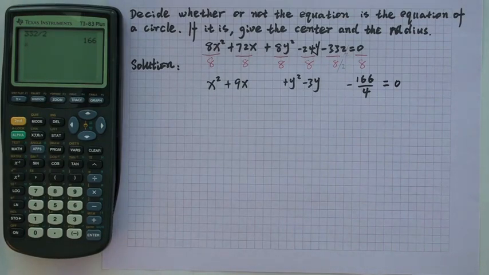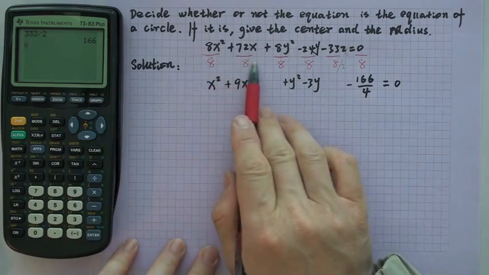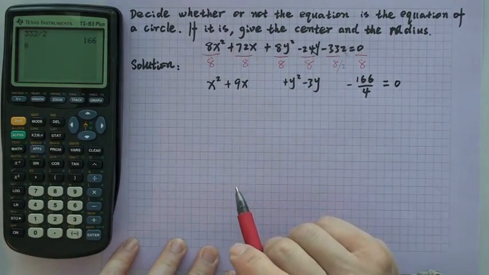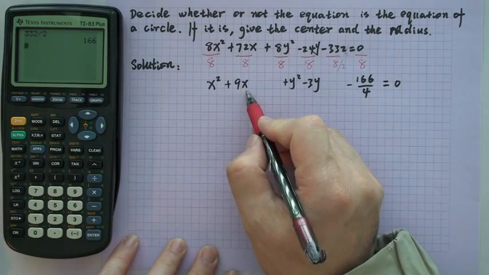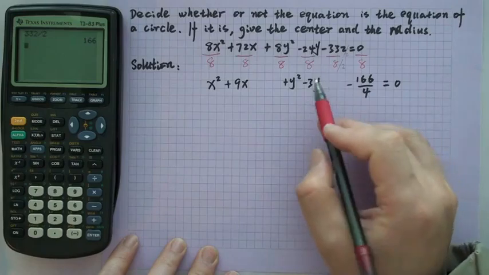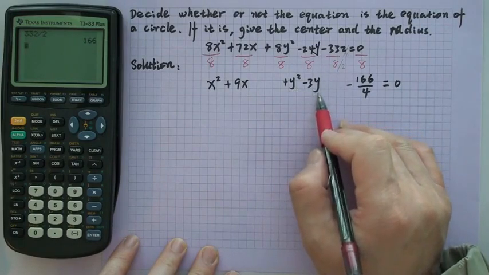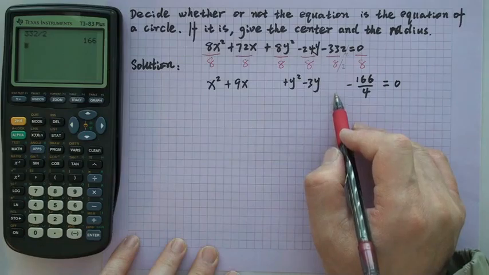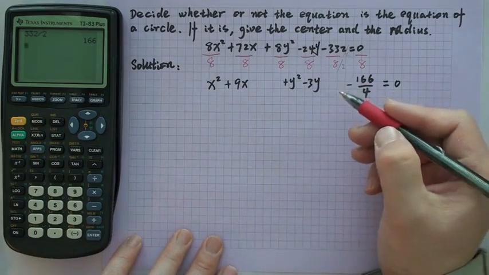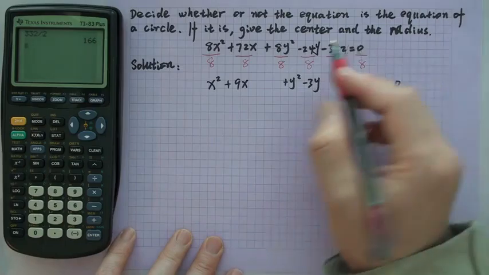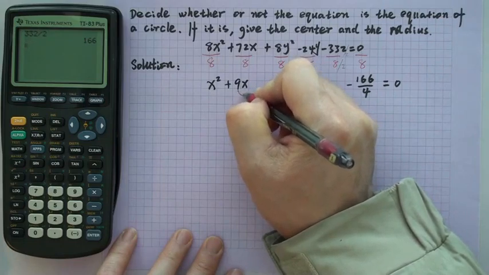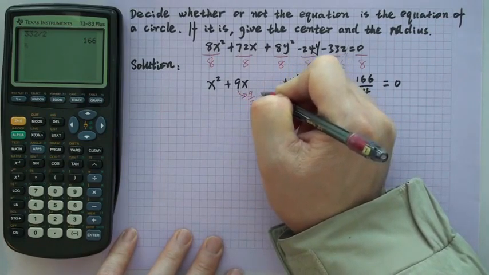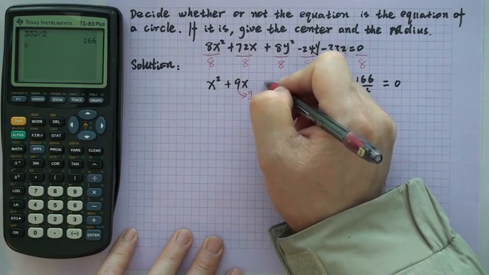Alright, now that is the first step. You divide every term by 8. Now what you want to do is make this part a complete square about x, and this part a complete square about y. So, to make a complete square, you want to divide 9 by 2 and then square it.